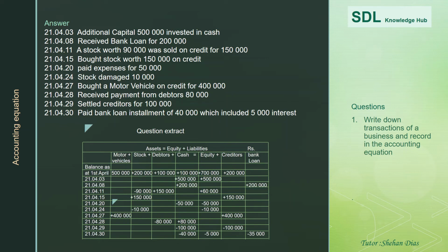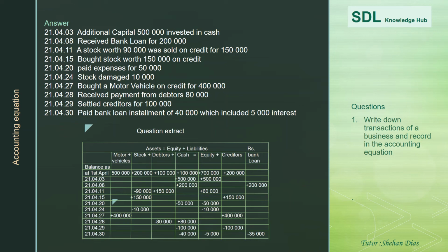Then 400,000 plus for motor vehicle and 400,000 creditors. Since creditors are appearing, this is again a credit transaction. So we can say bought a motor vehicle on credit for 400,000.